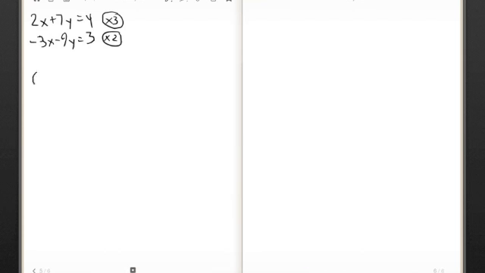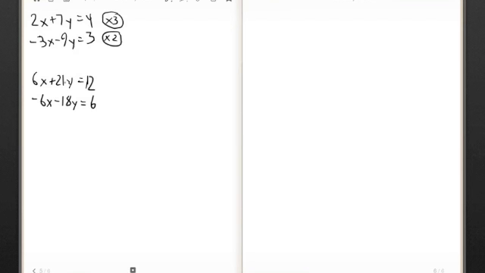So we'll get 6x plus 21y equals 12, and negative 6x minus 18y equals 6. Because we have a negative here, we're not going to subtract. We can add 6x plus negative 6x, and that's going to disappear.